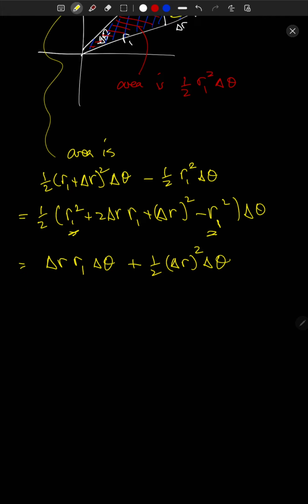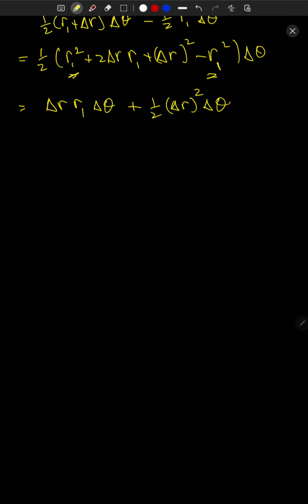The deal is this delta r squared times delta theta term is very small, in that it has a delta r squared. If delta r is very small, delta r squared is much smaller.